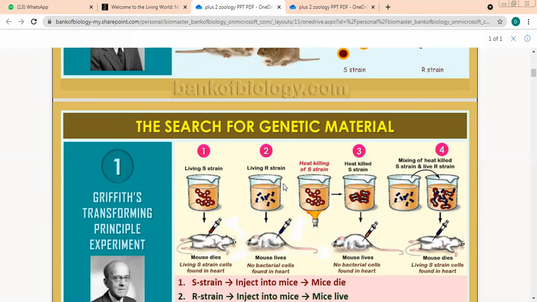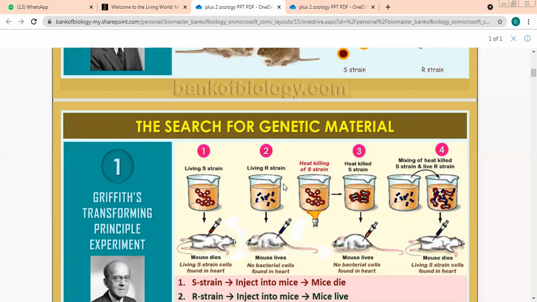Then he mixed both the strains, R strain and the heat killed S strain. Did the mice die? Yes, ma'am. So this principle which he came up with is known as the transforming principle.